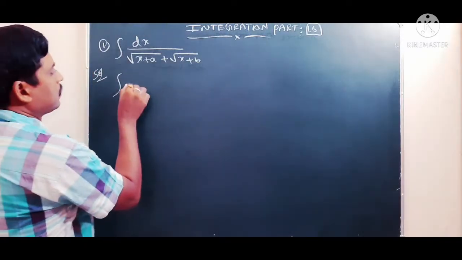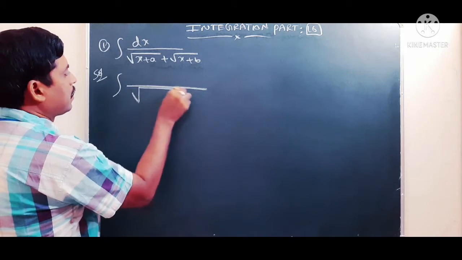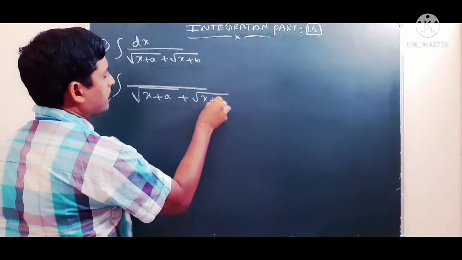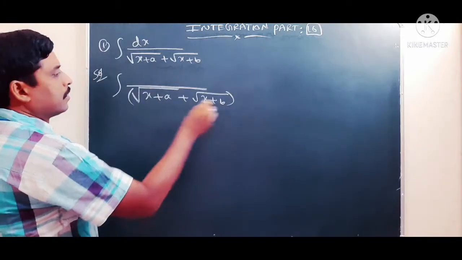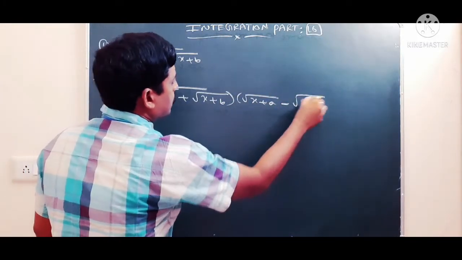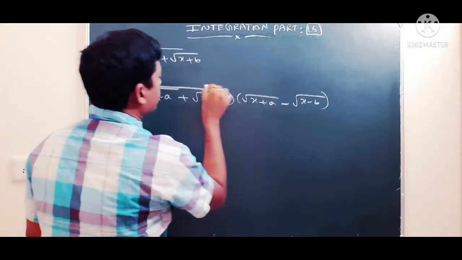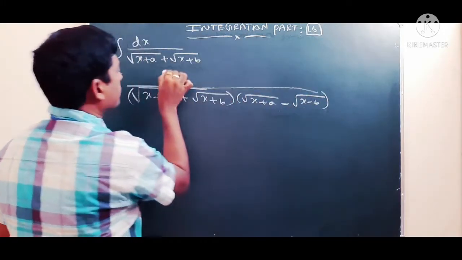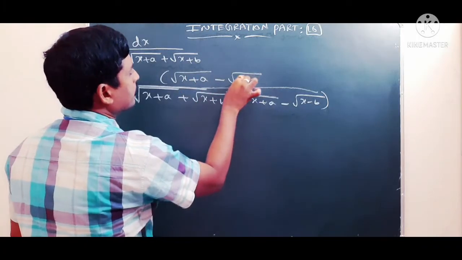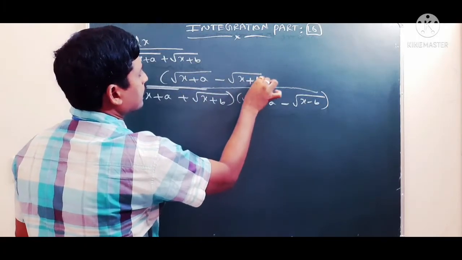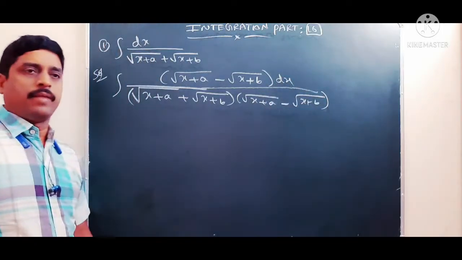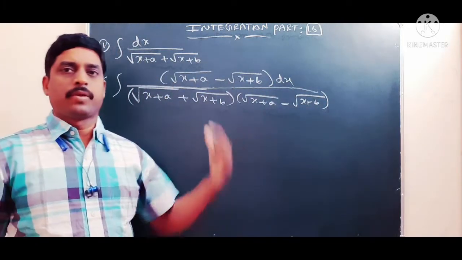Integral. So, denominator rationalization: root x plus a plus root x plus b, divided and multiplied by root x plus a minus root x plus b.